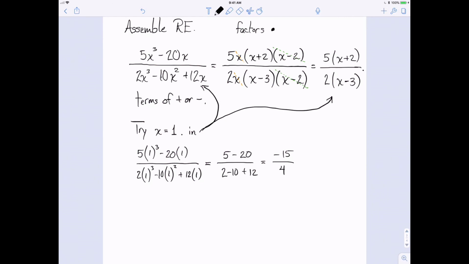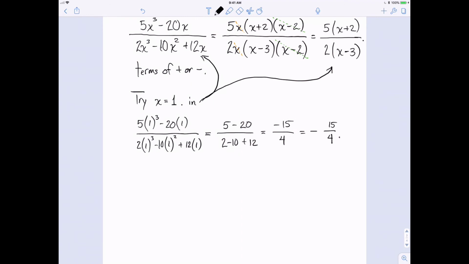The negative sign can be in the numerator, in the denominator, or out front. Normally the easiest place to work with it is in the front or on the top, so you could also think of it as negative 15 over 4. All right, let's try the other one. Our other answer was 5 times 1 plus 2 over 2 times 1 times 1 minus 3.